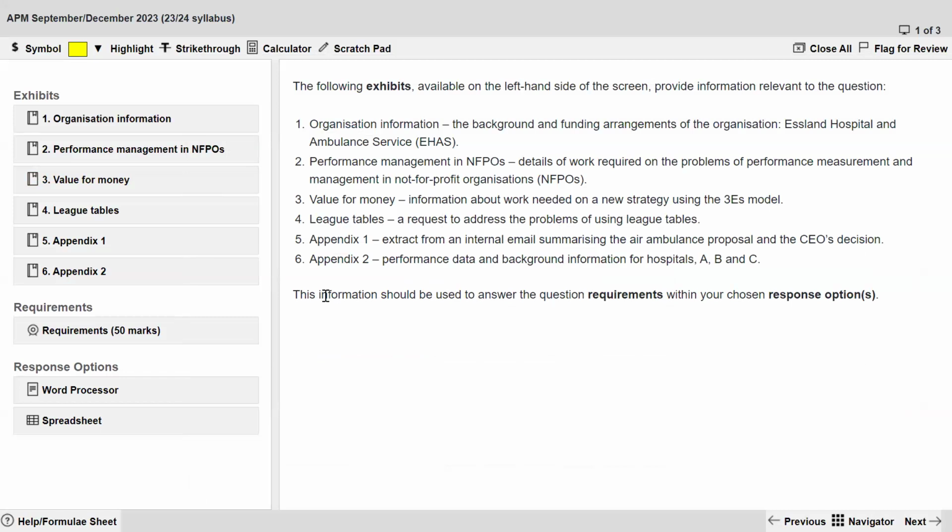The questions are structured that way, so it's important to read through the whole question to be able to answer even the second part.